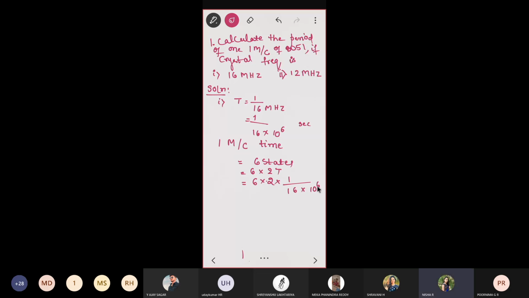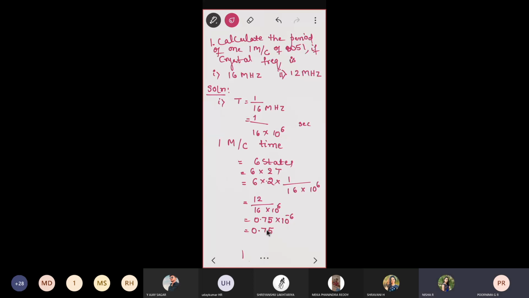Yes, ma'am. So now, 12 by 16 into 10 to the power of plus 6, how much approximately will you get? 12 by 16 is 0.75 into 10 to the power of minus 6.